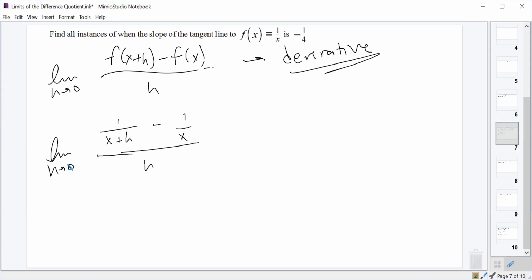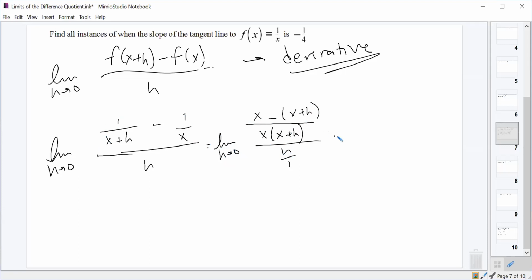So then all we need to do is get our common denominator, which should be x times x plus h. We're going to get x over x times x plus h, and then minus an x plus h. We have an x over x that we multiply here, and an x plus h over x plus h that we multiply here. Combine them together into one fraction.